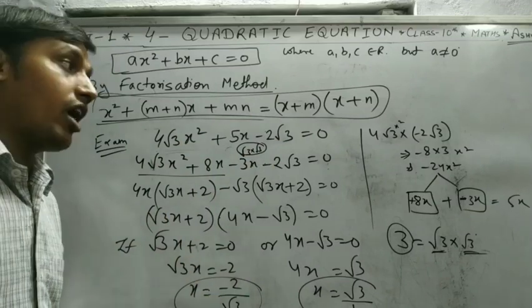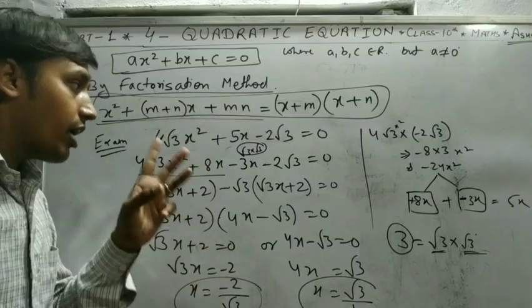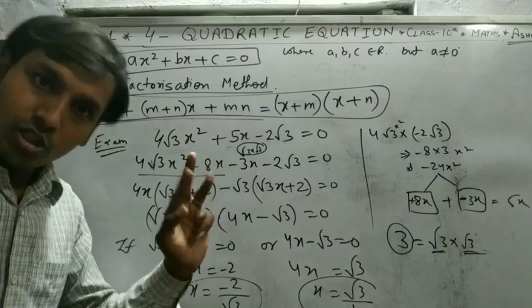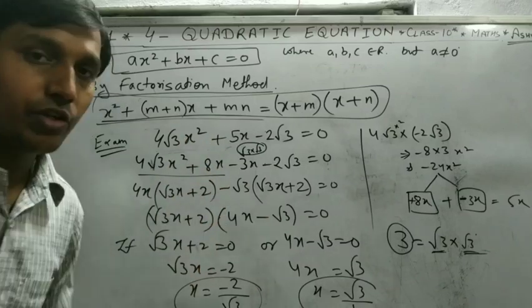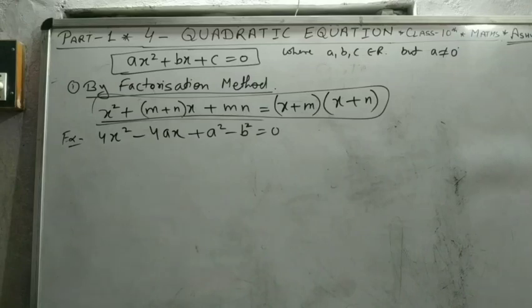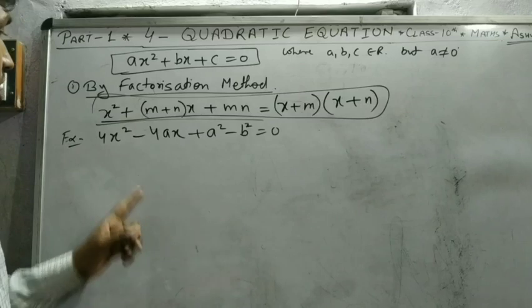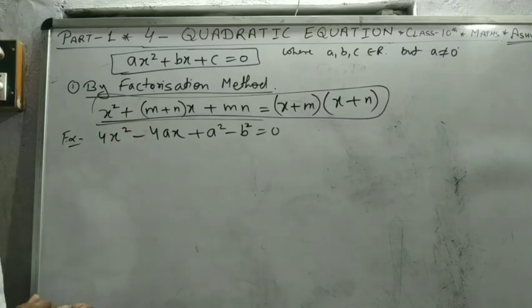Then we take one more example solved by the factorization method, but it is something different from these two examples. Pause the video. Take one more example: 4x square minus 4ax plus a square minus b square.